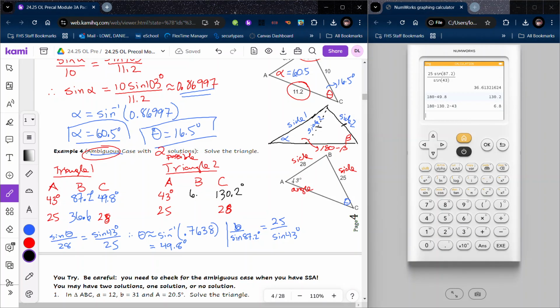And that gives me a very small angle of 6.8 degrees.